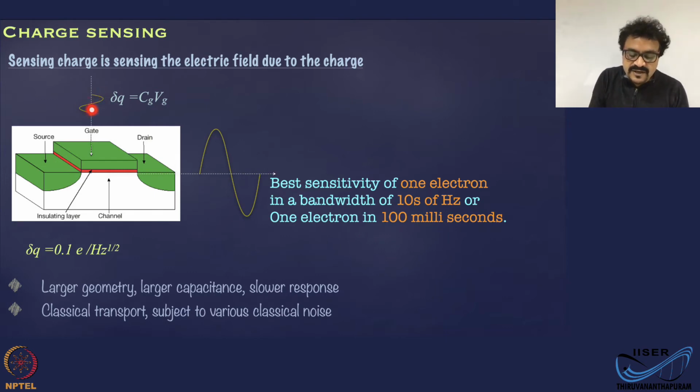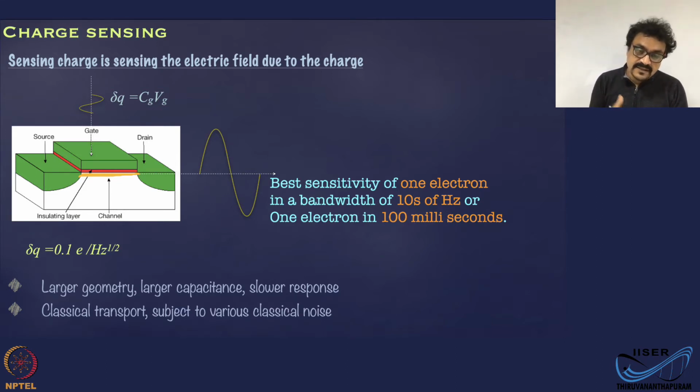You can apply a small wiggle on the gate, an electric voltage oscillation, which is going to change the charge, which is going to change the electric field felt by the channel here, and that is going to show up as a change in the current through the system, and that is the amplification that you are getting. So you have amplified some charge oscillation delta Q in terms of the current or conductance of the system.